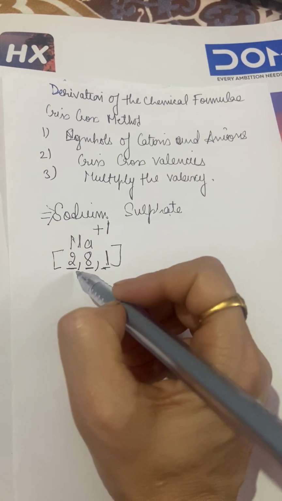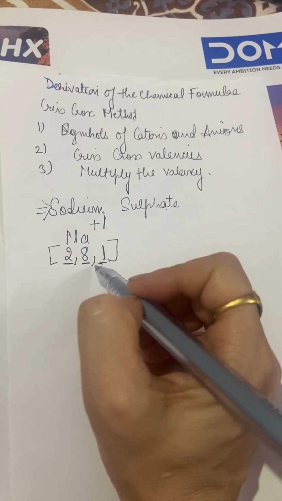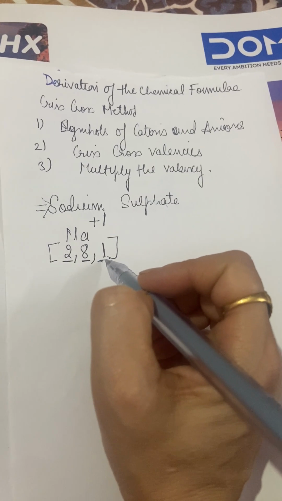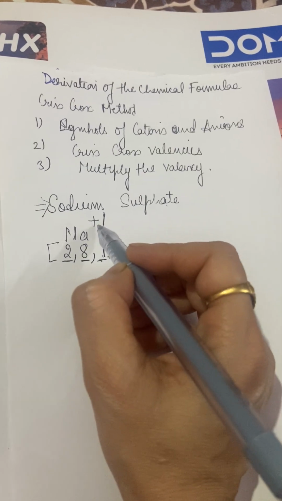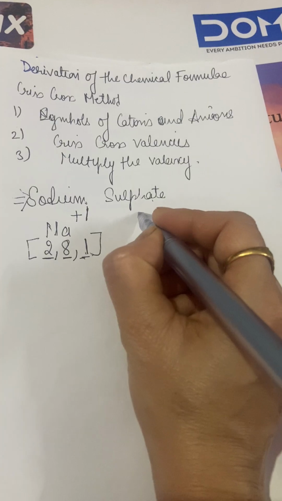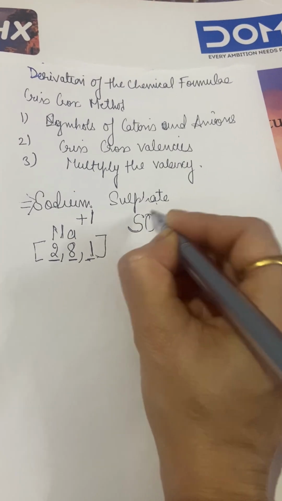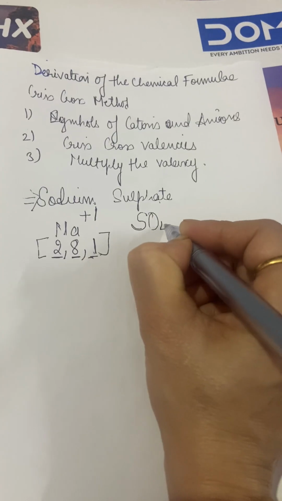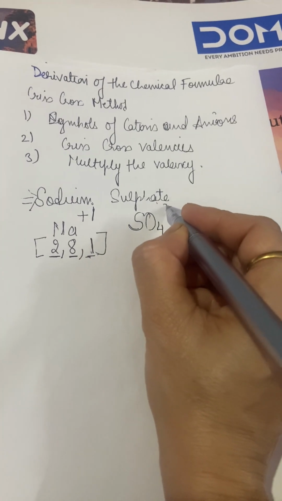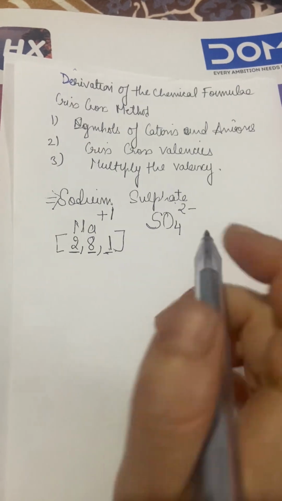Since the sodium configuration is 2, 8, 1, to acquire the noble gas configuration it is going to lose 1 electron and acquire what charge? +1. The acidic radical, which you call the anion, is sulfate. The valency of this is 2 negative. So this is my first step.